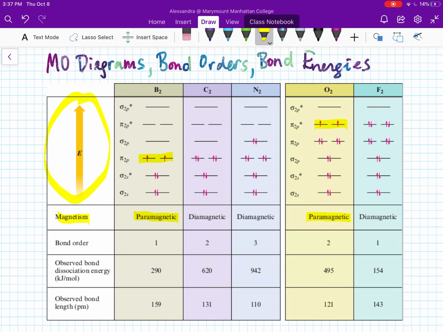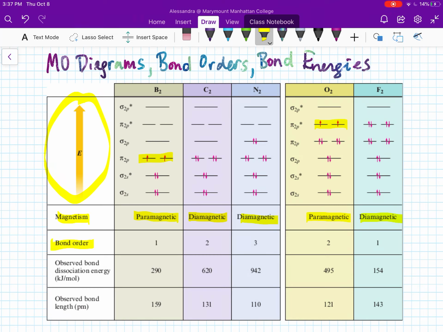Paramagnetic simply means that the molecule has unpaired electrons. It's going to be attracted to a magnetic field. If the molecule has all of its electrons paired up in the orbitals, it's called diamagnetic. Diamagnetic simply means that all of the electrons are paired and the molecule would be repelled by a magnetic field.